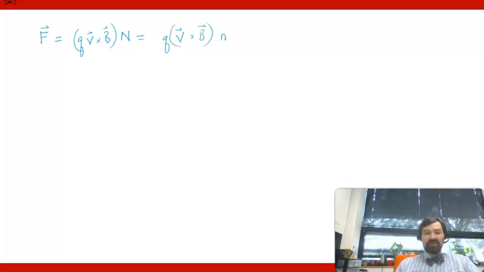With that as the background, we might write out the total force on a straight segment of wire that's carrying some current as F_B equal to Q V cross B times the number of charge carriers, which in turn is Q times V cross B times the density of charge carriers times the cross-section area of the wire times the length of the wire.